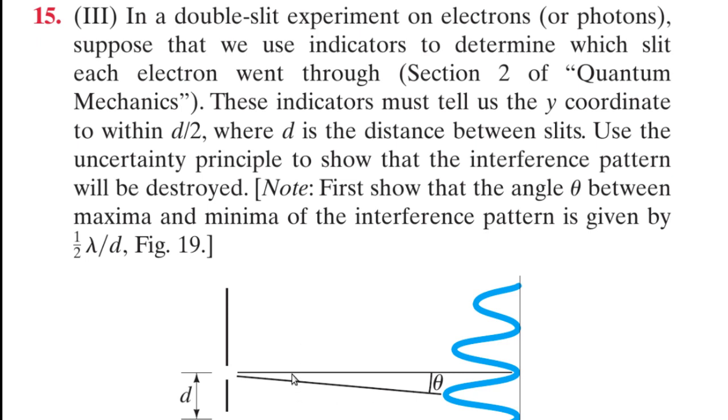If it picks up a vertical component of momentum, then it can go slightly higher or slightly lower when it arrives on the screen. And it turns out that's enough, so this uncertainty in momentum in the vertical direction corresponds to the uncertainty in the position on the screen, and that uncertainty is on the order of the separation between the fringes, and that is enough to erase this interference pattern. That's the idea.